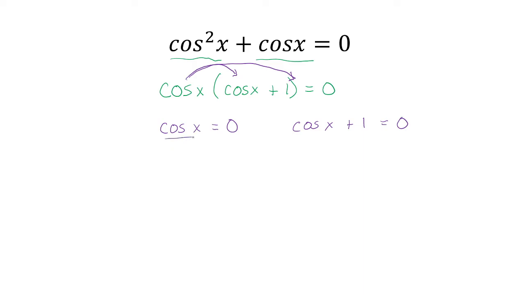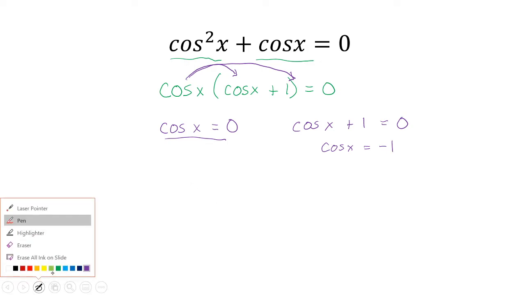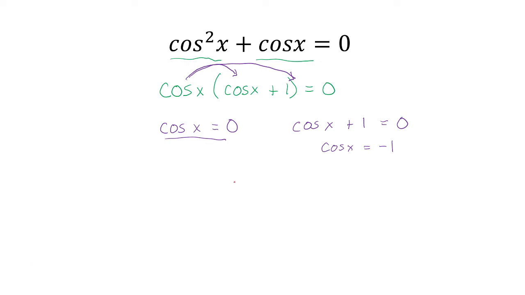Let's solve them both. This one's already solved. This one I just got to subtract 1. So the question is when does cosine x equal 0? And when does cosine x equal negative 1? Well, I know that it's pi over 2 and 3 pi over 2 for 0.